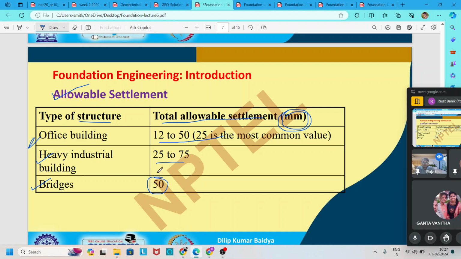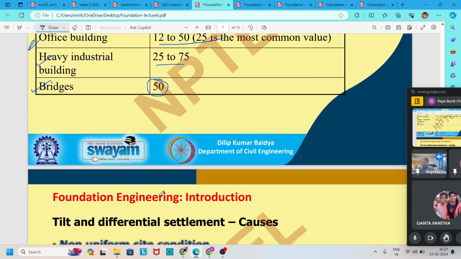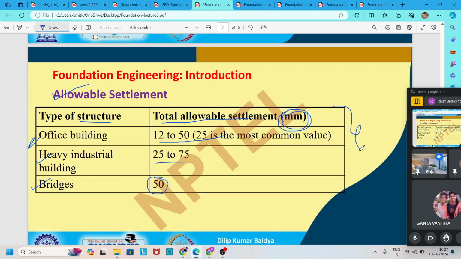That means the total settlement should not be greater than 50 mm. It is a design criterion for built or constructed foundations. For bridges it is 50, for industrial buildings it is 25 to 75, for office buildings it is 12 to 50 mm.